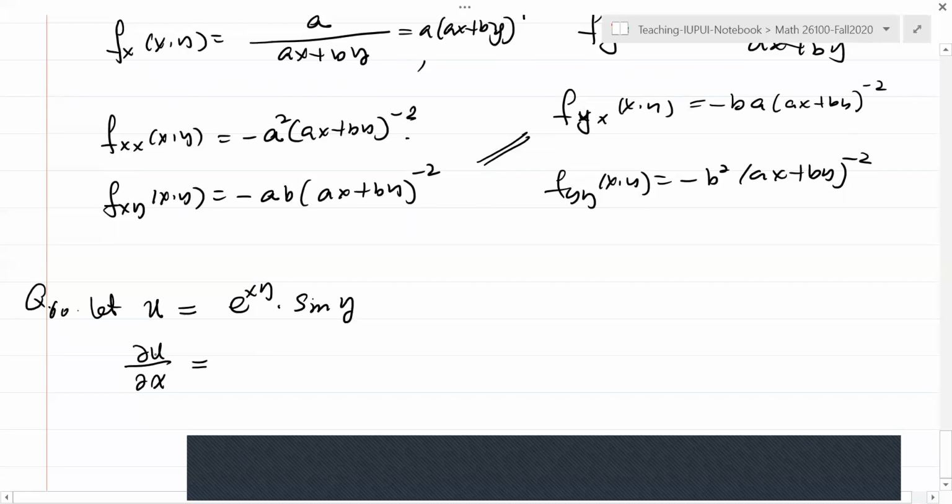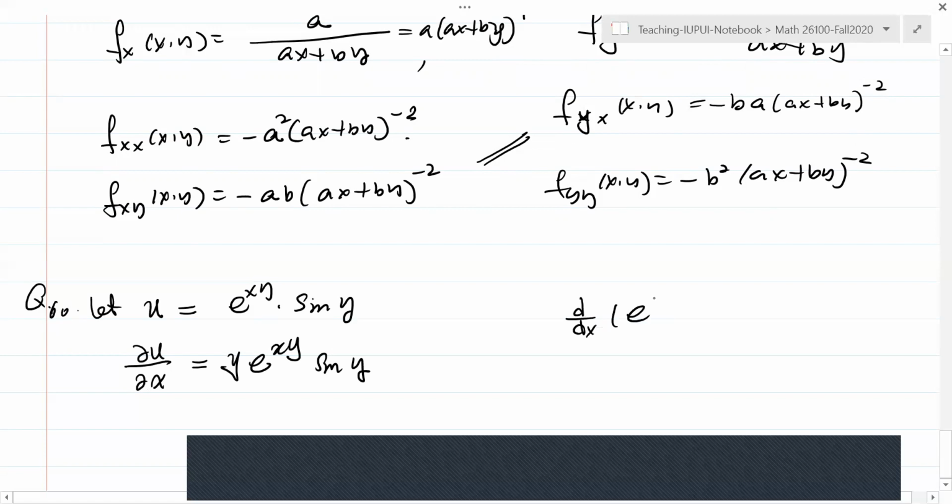This means the partial derivative of u with respect to x, so you just differentiate the expression. Here there's only one term containing x. So let's differentiate. You will get y e to the xy sine y. Why? Because you view y as a constant, so when you differentiate, you take the y out.